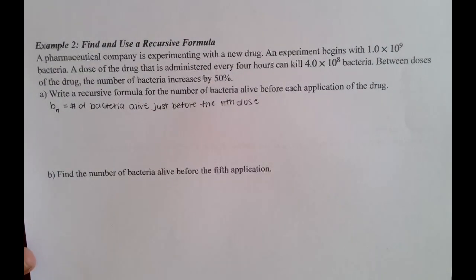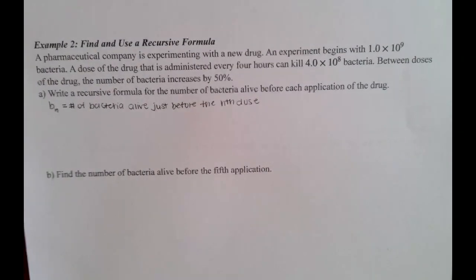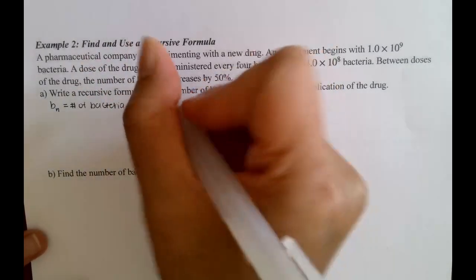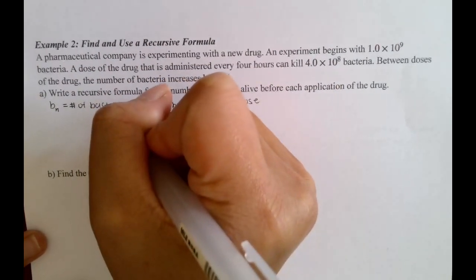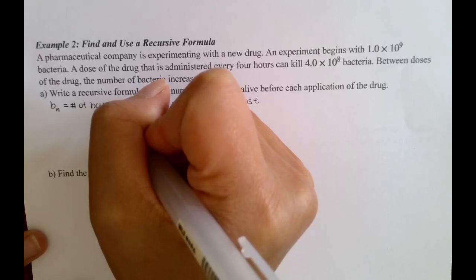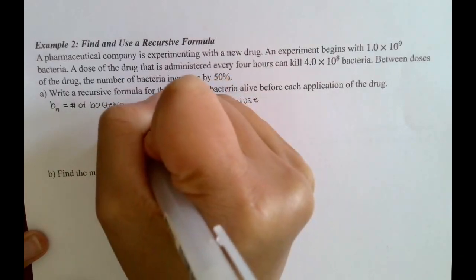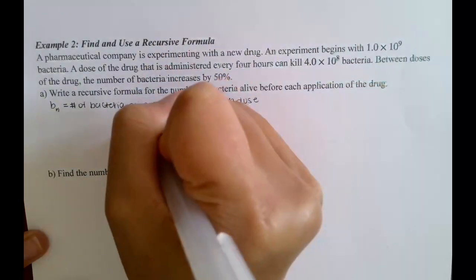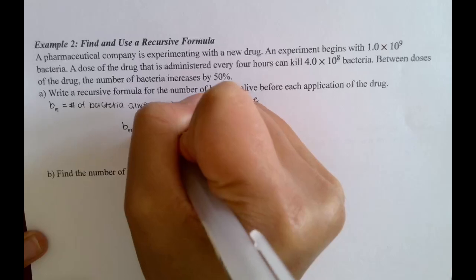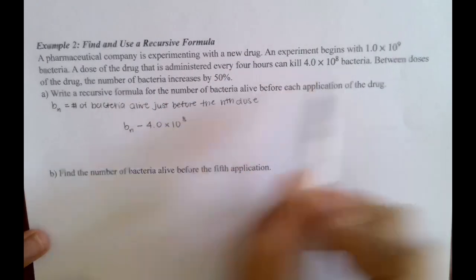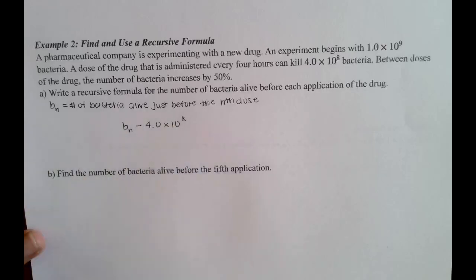Okay. Then, since we know that 4.0 times 10 to the 8th of these will be killed by the drugs, whatever it is, the previous one, okay, we take whatever is alive then, we're going to subtract, because it's then going to kill, 4.0 times 10 to the 8th, right? So if it's killing some off, we're going to subtract those that have been killed off.